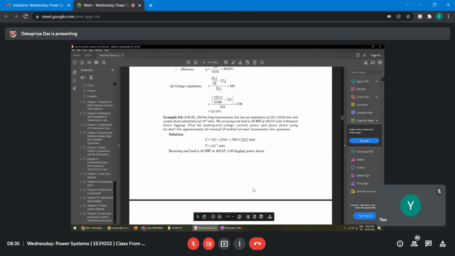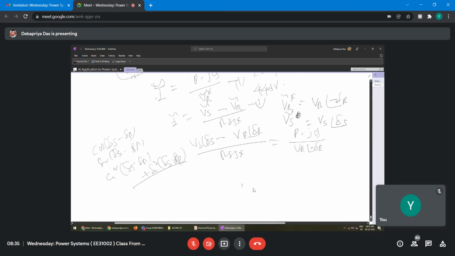For a high tension transmission line, this R by X ratio is very small. It will always be less than 1, right? Here also less than 1, but particularly for a high tension line, it may become 1 upon 10, 1 is to 10 ratio, right?